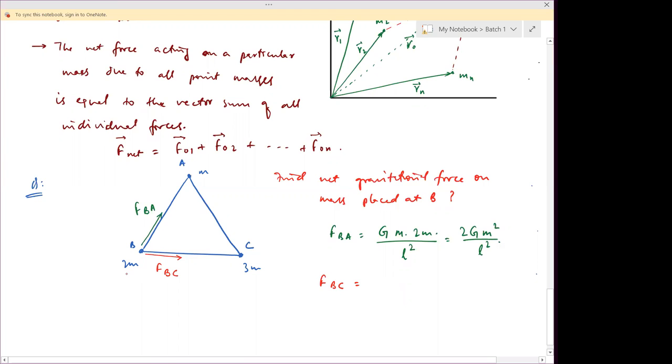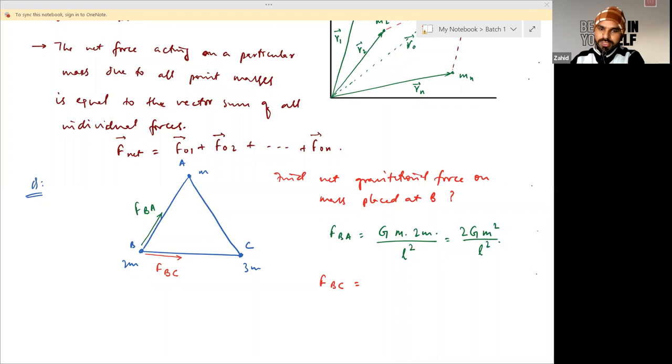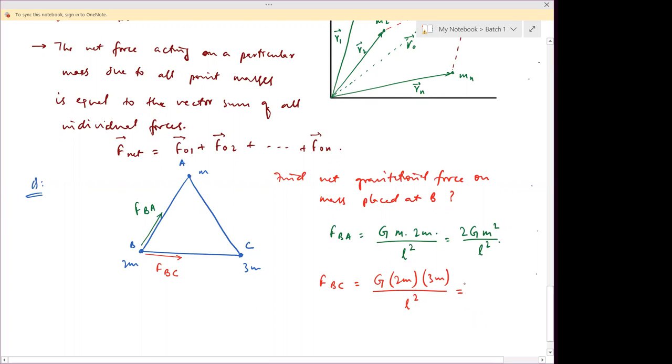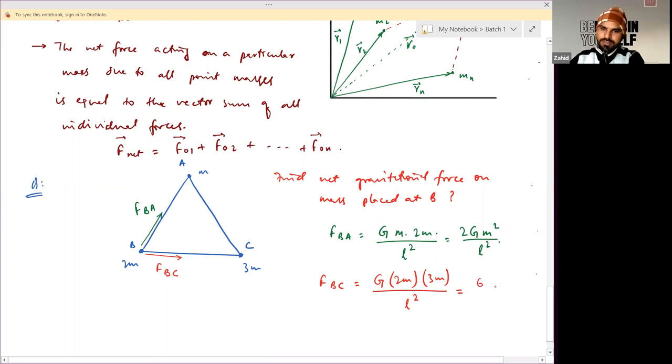So what will be m1 in this part? It will be 2m. m2 will be 3m. So it will be G m1 m2 divided by the square of the separation, so L square. Is it clear, Salman? Yes, sir. So 2 into 3, it will be 6 times G m square by L square.